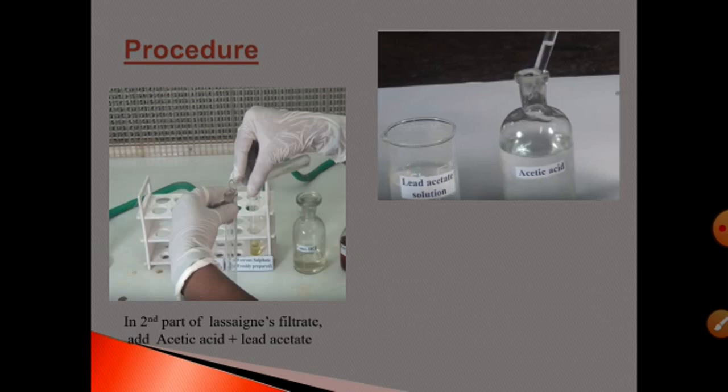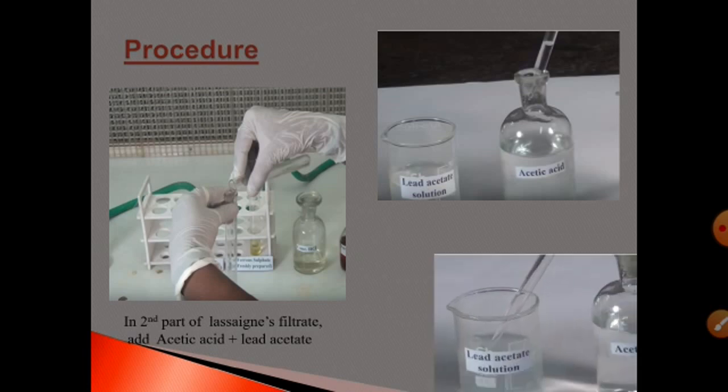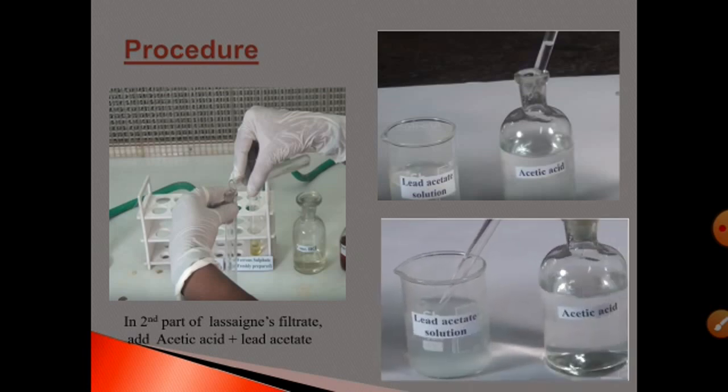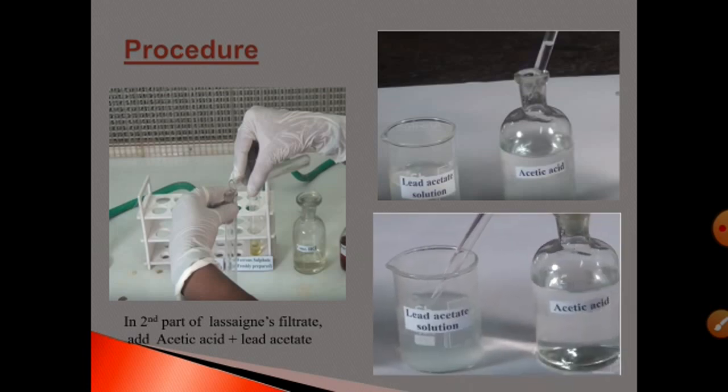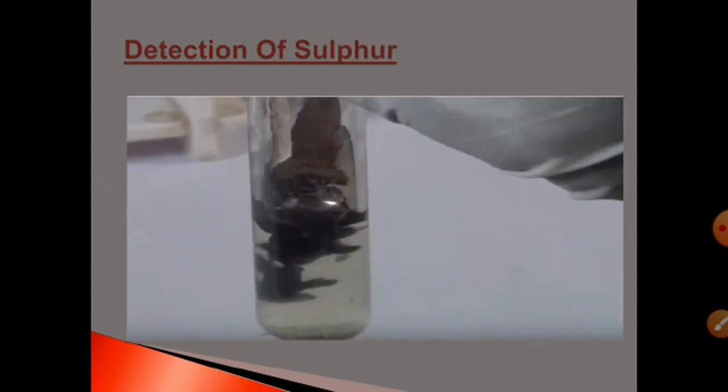Then add a few drops of acetic acid with the help of a dropper. Then use another dropper and add the lead acetate solution. A black precipitate is formed, which confirms the presence of sulfur in the organic compound.